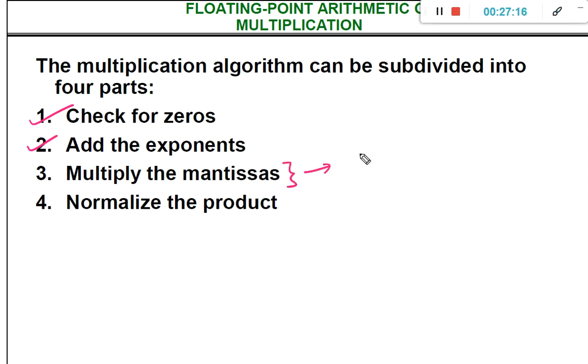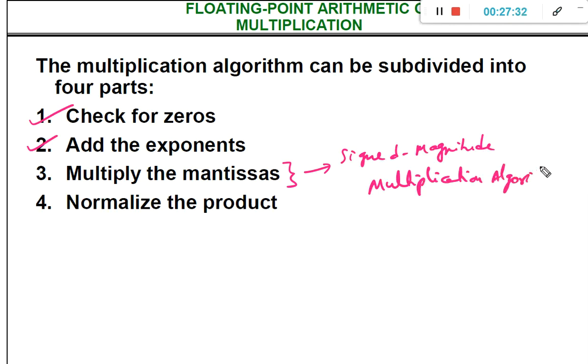This algorithm we have already seen in the previous classes, that is the signed magnitude multiplication algorithm. Using this algorithm, we are going to perform the multiplication of the mantissa values and then normalize the product. So these three operations we need to perform in this particular floating point arithmetic.